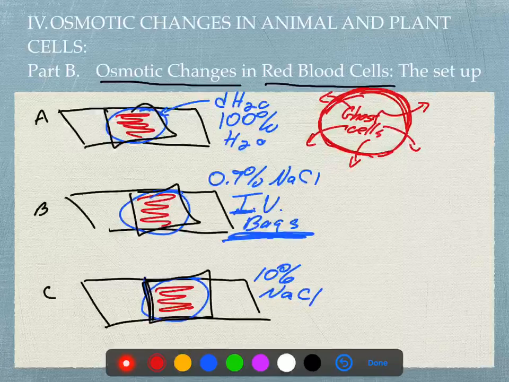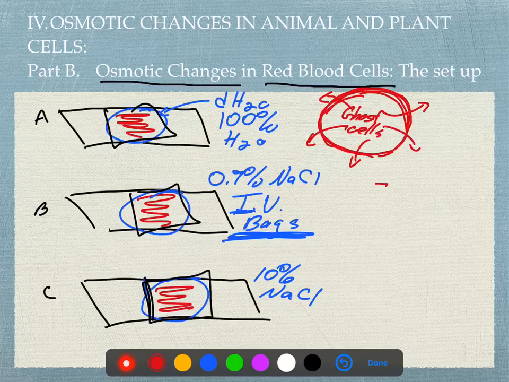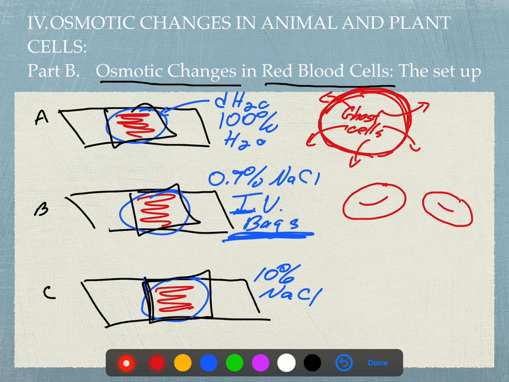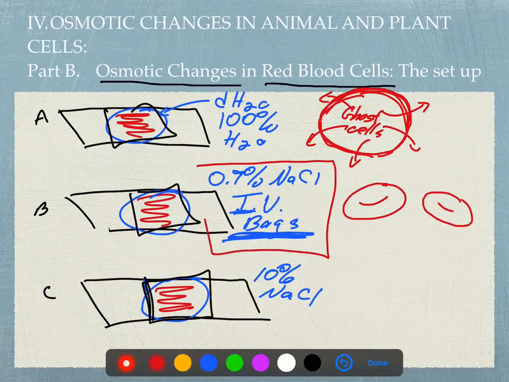Okay, what about slide B that has 0.9% sodium chloride, something that's a little bit of salt, but not a whole lot? Those red blood cells would look happy. They would be thick on the outside, thin in the middle. They're doing great. Now do you understand why IV bags have 0.9% sodium chloride?